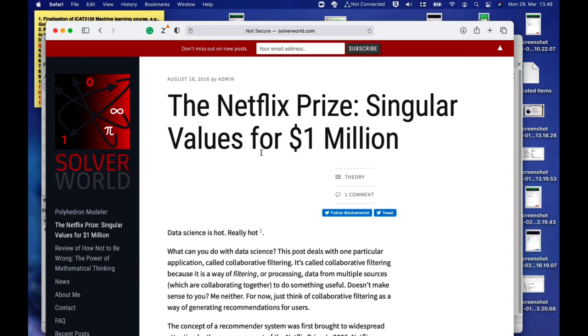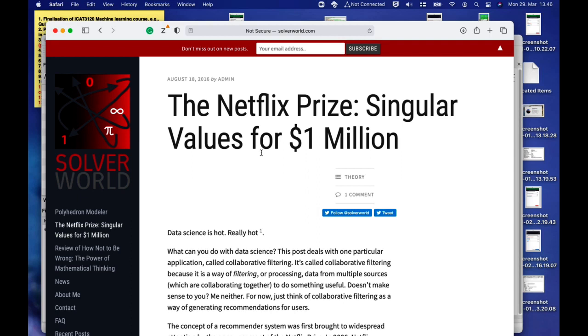Maybe some ask why Netflix should pay that much money for this improvement, but even a 1% improvement in the prediction makes a lot of money for Netflix, increasing its profit based on more accurate prediction of what customers want to watch.